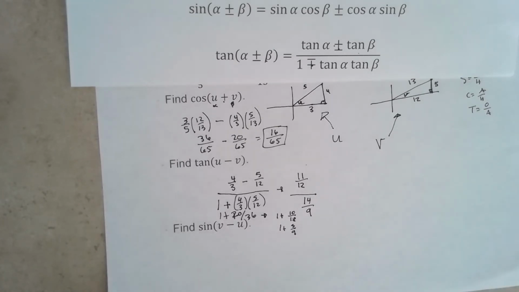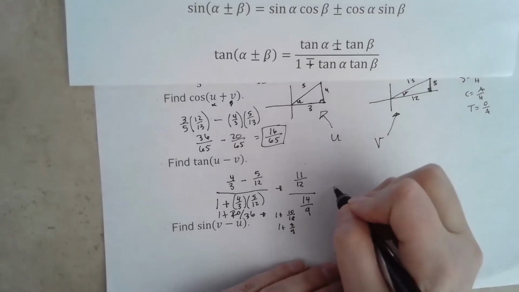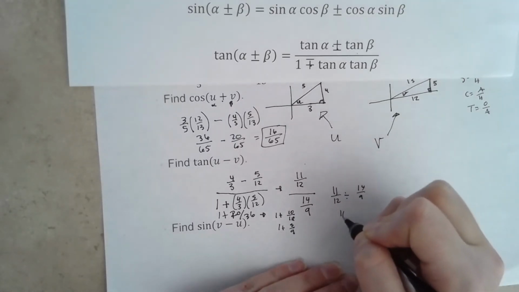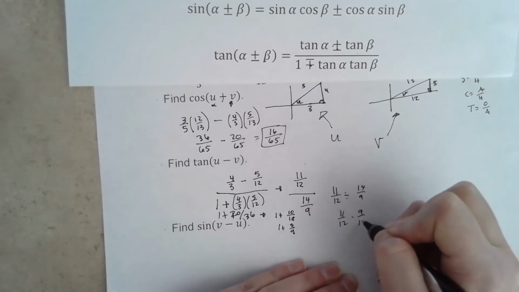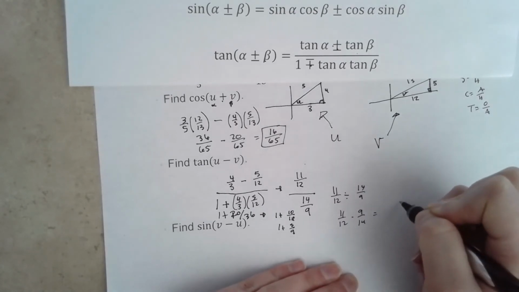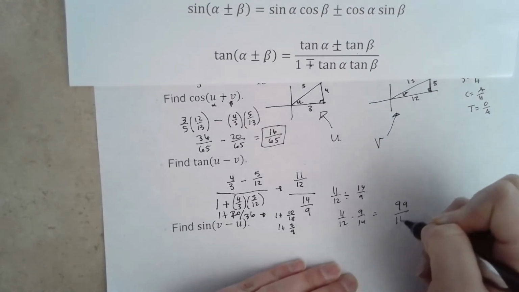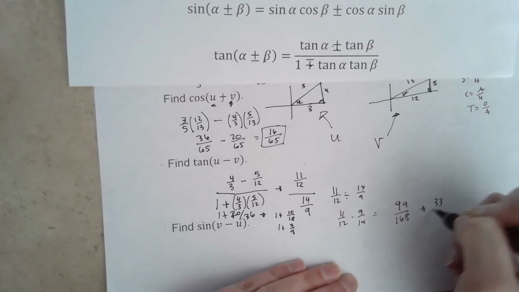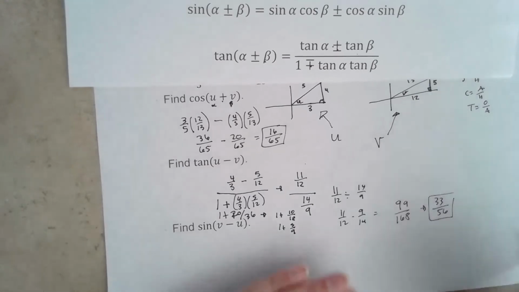Okay, this one's actually not too bad, so that would be 11/12 divided by 14/9. 11/12 times 9/14. So I'd get 99 over 168, which should reduce, I think, to 33 over 56, if I'm not wrong. Okay. So that should be our answer on that one.